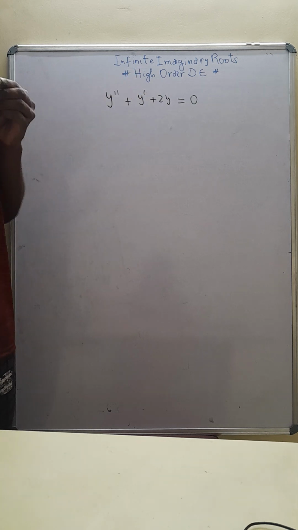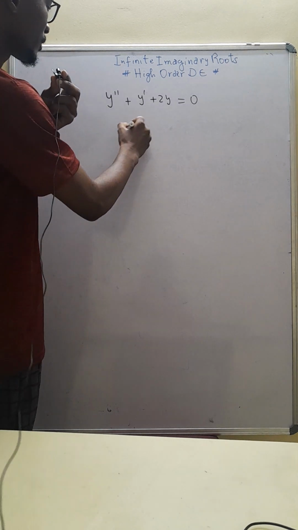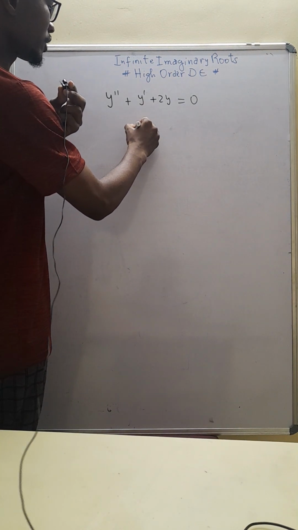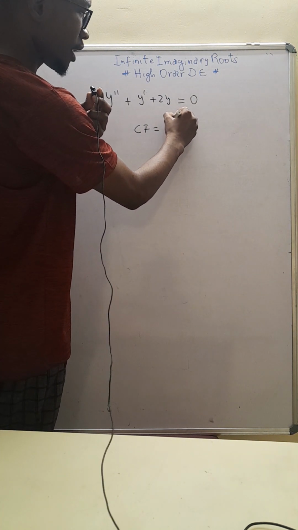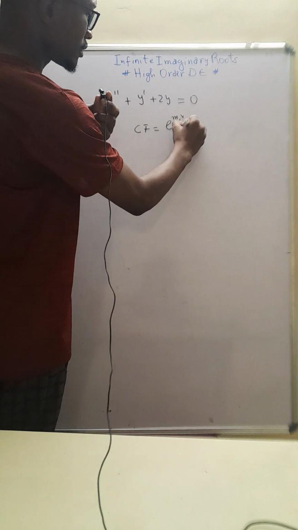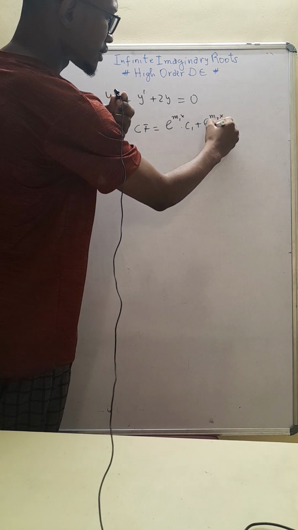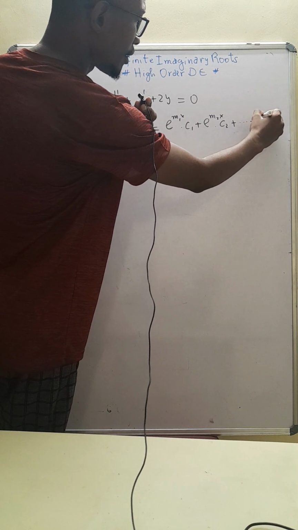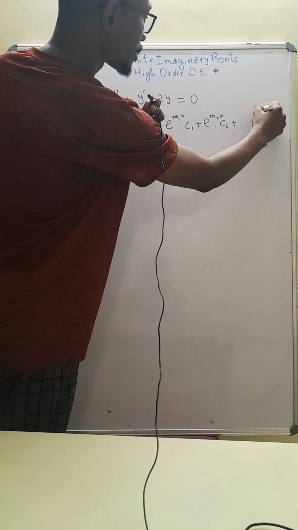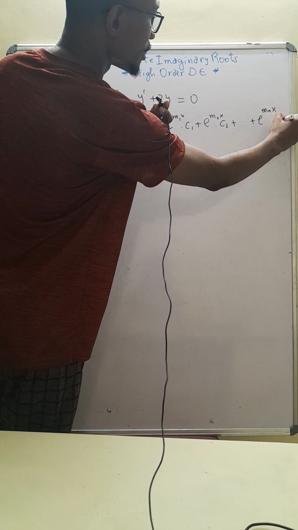We did everything, and we ended up with formulas like the solution y_CF equal to Euler raised to m1 x times C1 plus Euler raised to m2 x times C2 plus ... plus Euler raised to mn x times Cn.